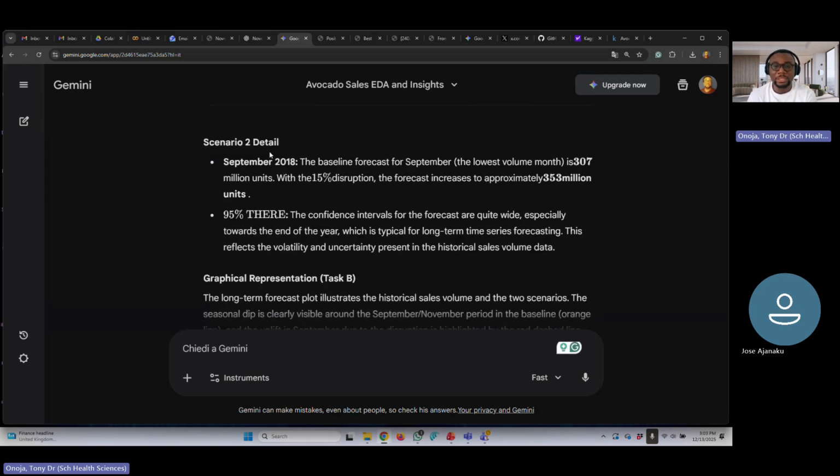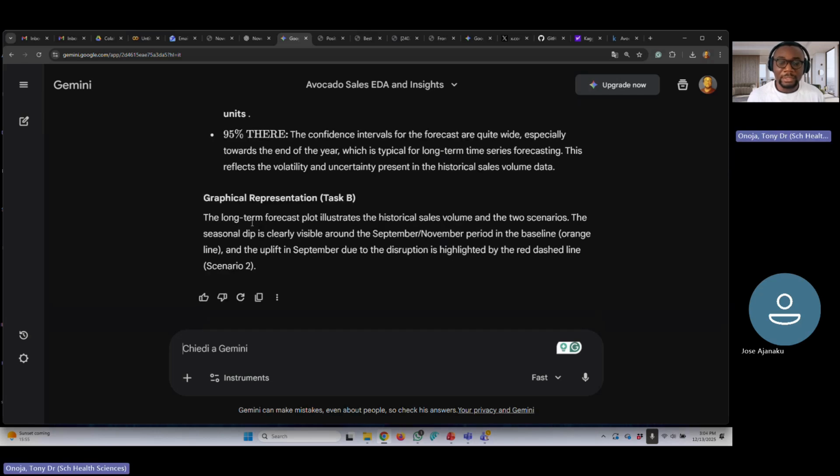In scenario 2, the baseline, we expect the volume to be around 307 million units. With a 15% disruption because of September, the forecast should increase to around 353 million units. And the long-term plot illustrates the historical sale volume and the scenarios.